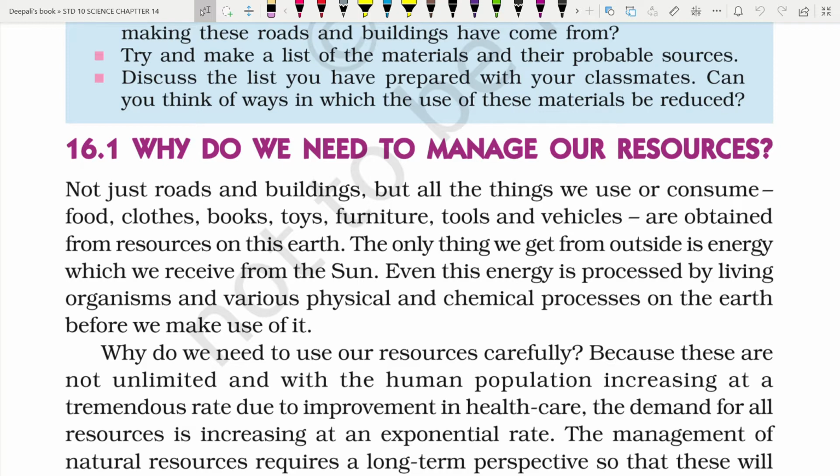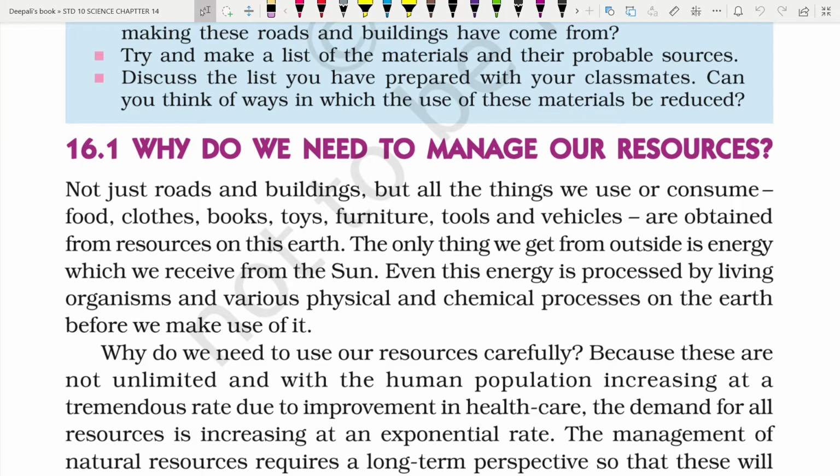Even this energy is processed by living organisms and various physical and chemical processes on the earth before we make use of it. So, we are not getting any energy or anything ready-made. Everything takes a long time and it requires lots of processes that you get the energy or the things which we are utilizing.